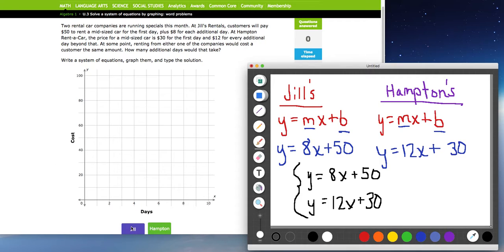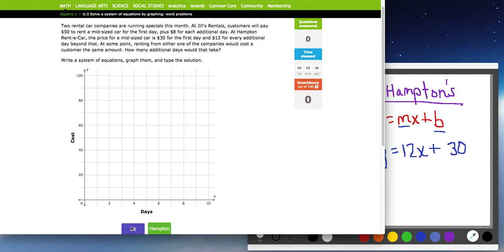So I'm going to click on Jill, and I know that Jill's place charges $50 at the beginning, so I'm going to plot a point at 50, and then I know that it's going to go up every day by $8. So the slope is $8 every day. So in 2 days, that would be $16.